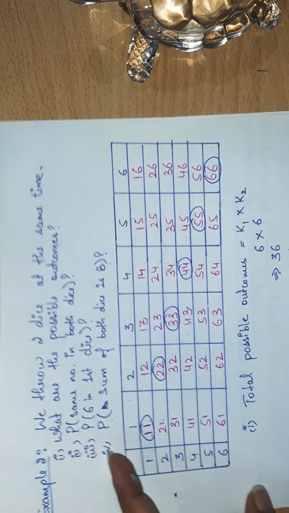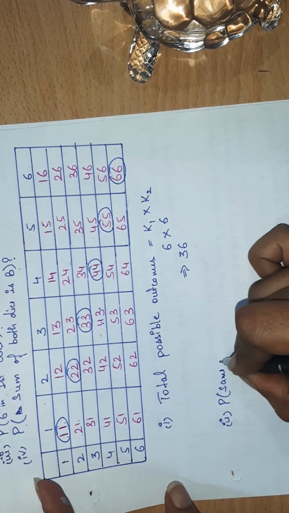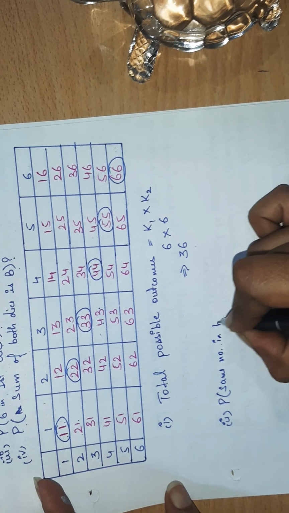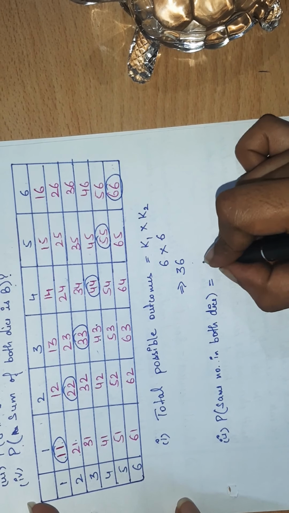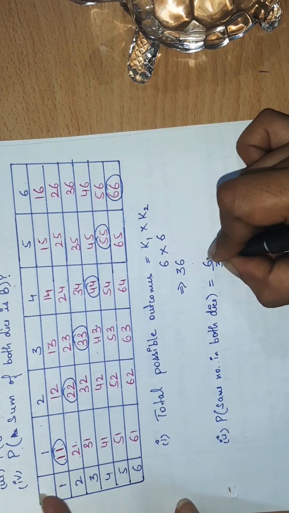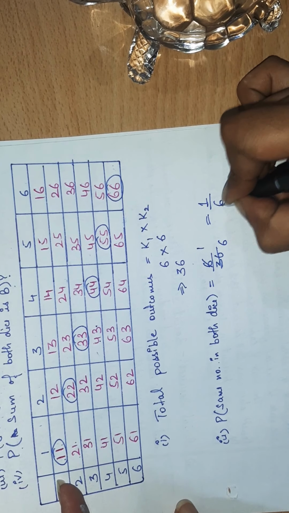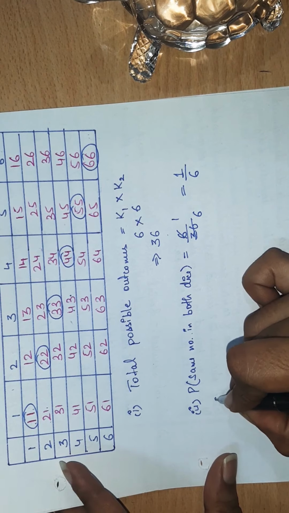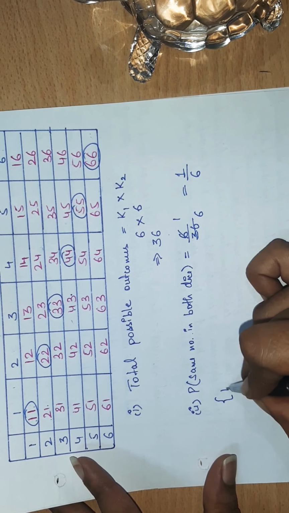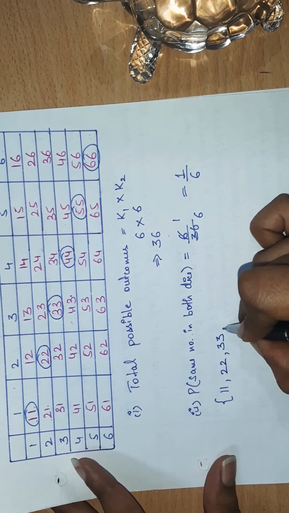So the probability of occurring same number in both dice would be 6 by 36, which is 1 by 6. And for better explanation, we can also write all these possible numbers like this.